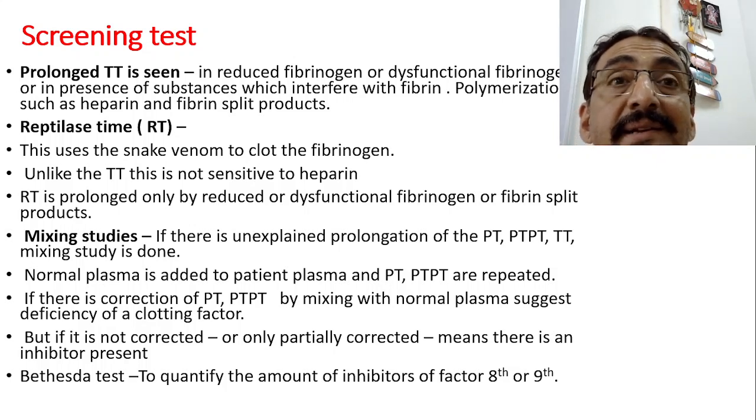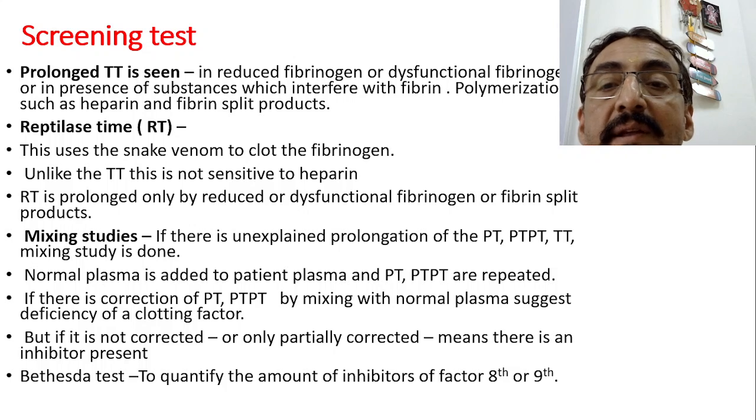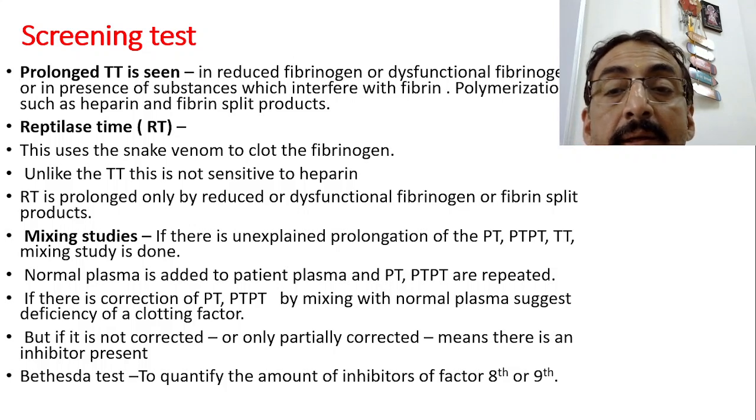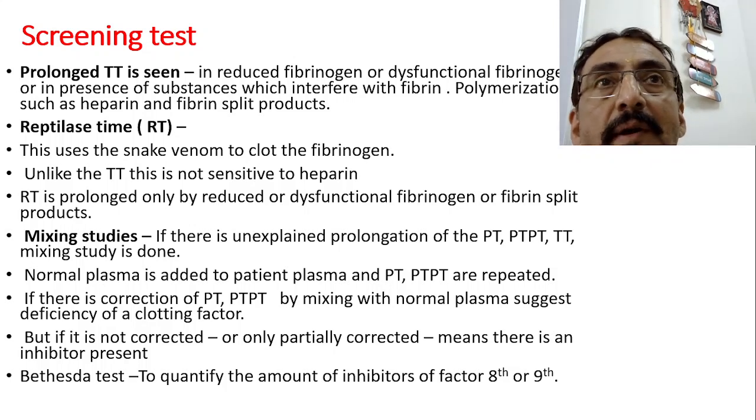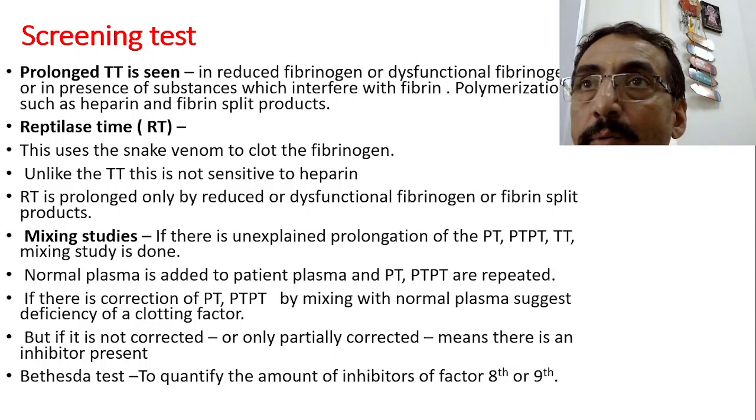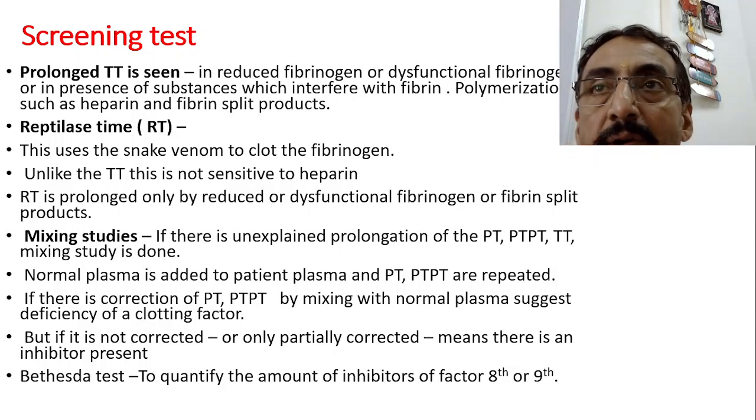If there is correction of the PT and APTT, which were previously raised, it suggests that there is a deficiency of some clotting factor which was left unidentified. Because after adding normal plasma, that clotting factor has been provided and the finding is normal.